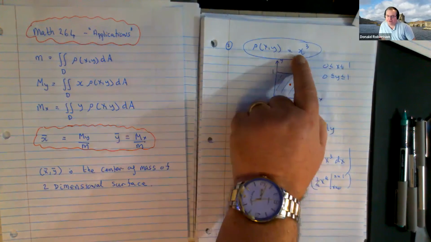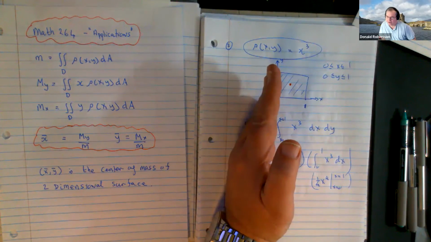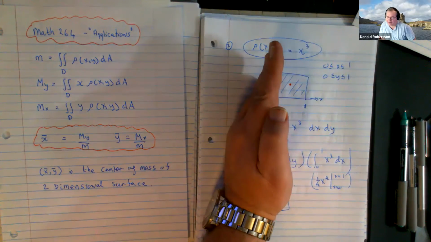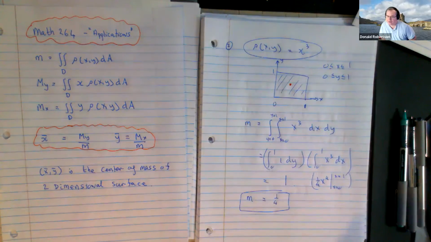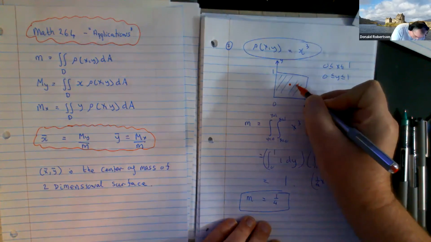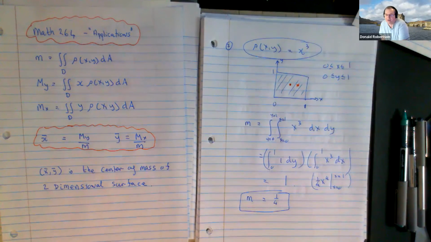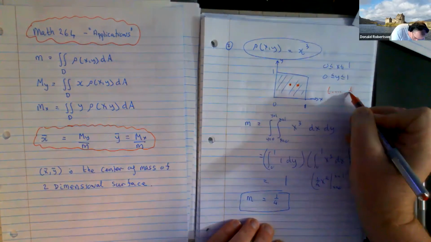But doesn't this have a density function that depends mostly on your x coordinate? So won't it be very light at one end and then get denser toward the other end? So my prediction is that it's going to be somewhere about there. And my prediction is it's going to be something comma a half.